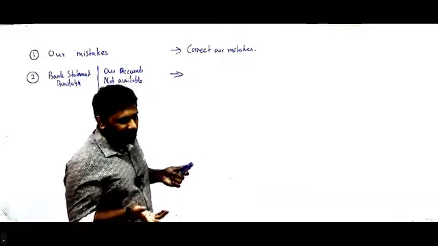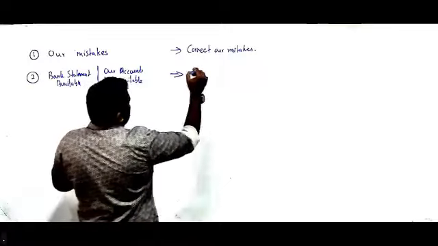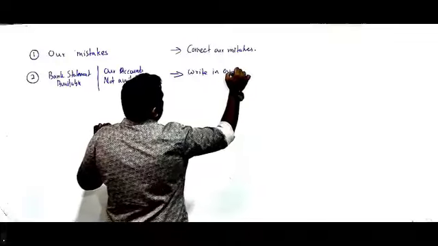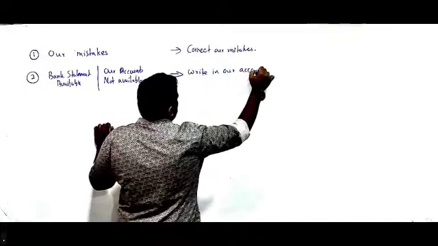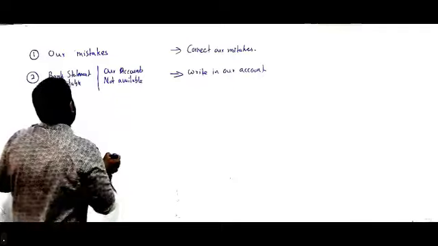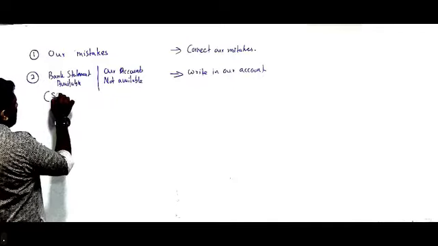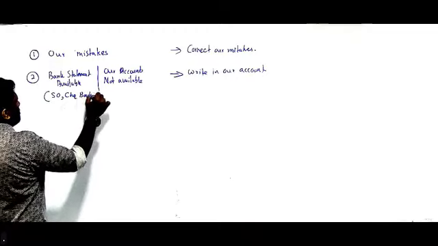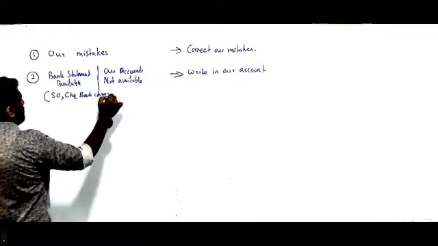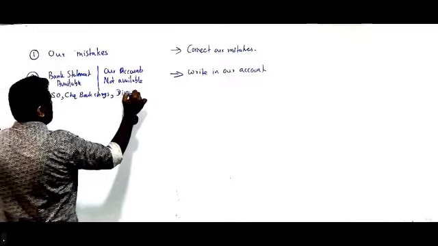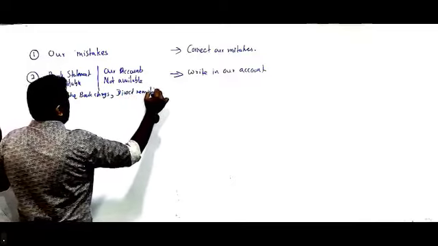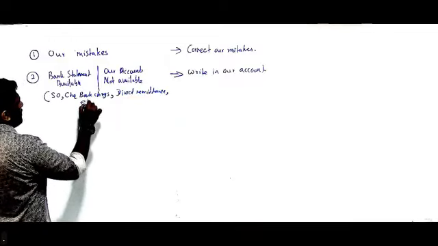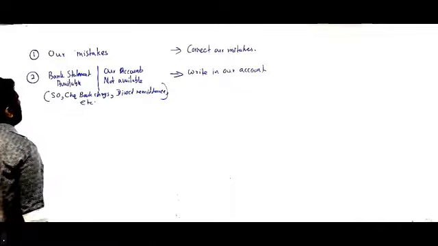Write it in our accounts. What are these? Standing orders, checkbook charges, direct remittance, etc. These are the items.